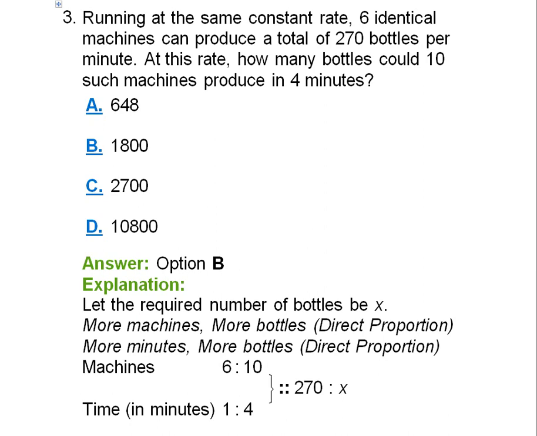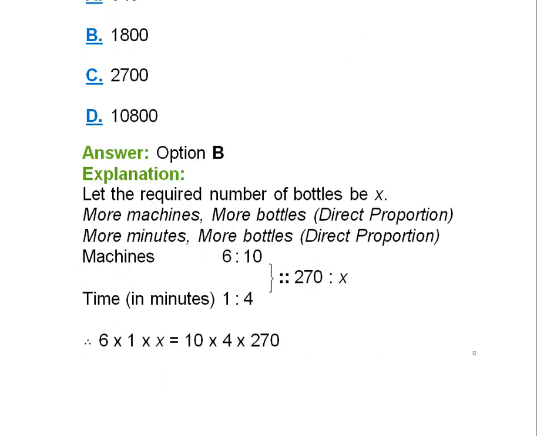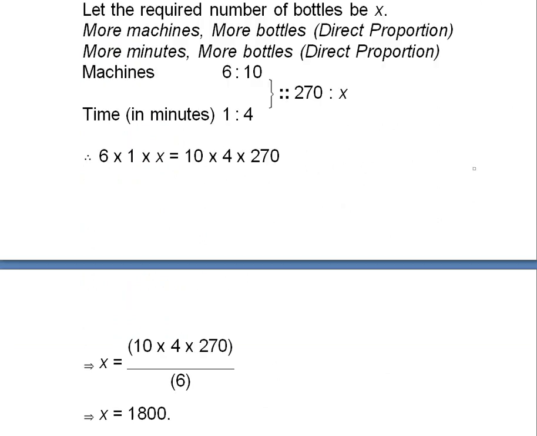So machines are 6:10, and time is 1:4, and 270 bottles we have, and x is the number of required bottles. So you can easily solve this as 6 into 1 into x equals 10 into 4 into 270. Once you solve it, you can easily calculate x from here, that is 1800, which is your answer, option B.